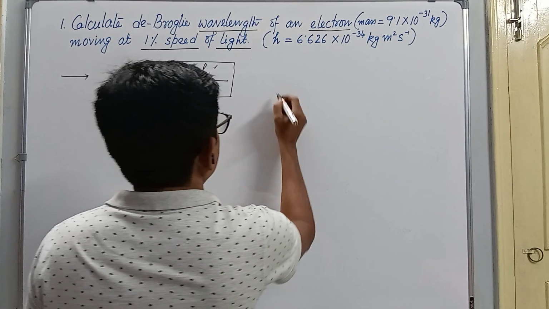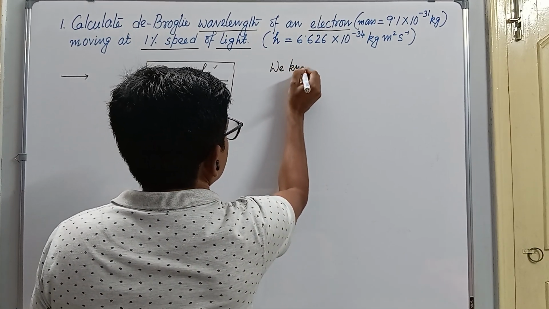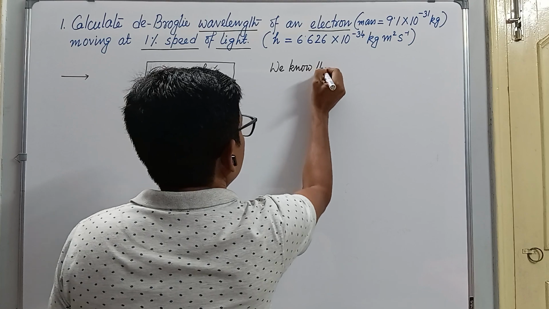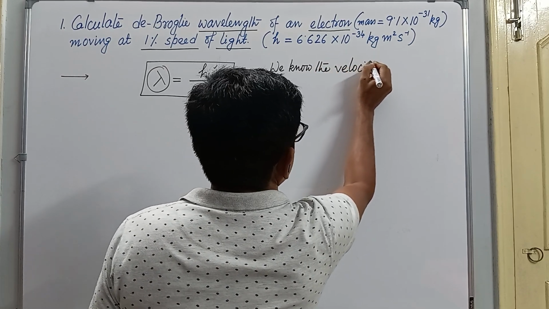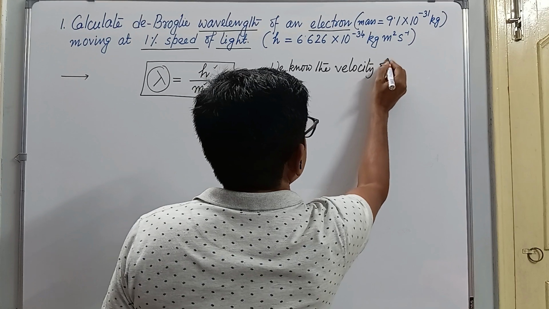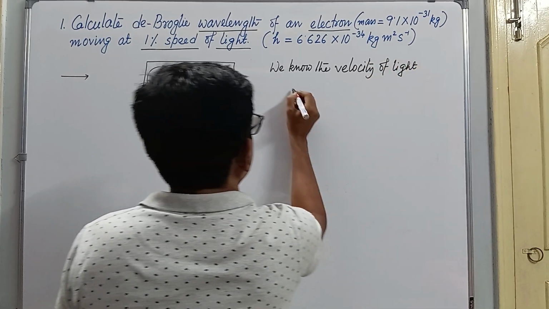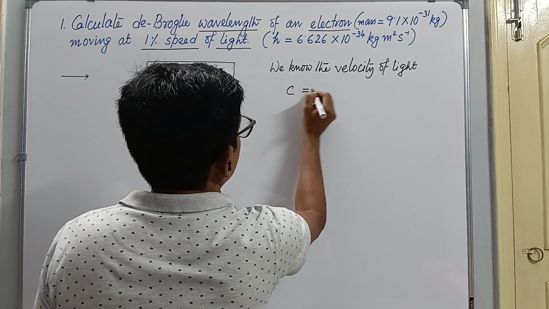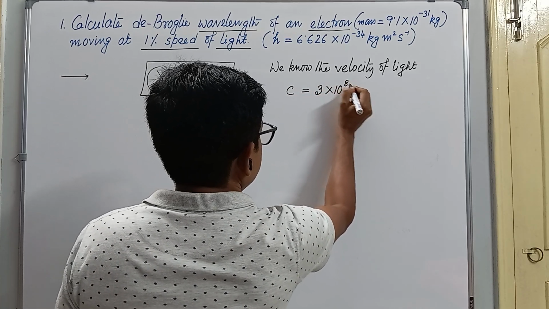Very simple. For that, we know the velocity of light, which we normally represent with c, that is 3 into 10 to the power 8 meter per second.